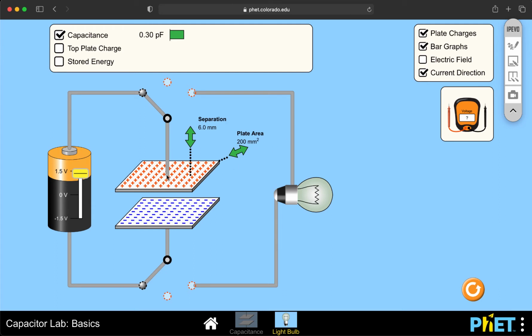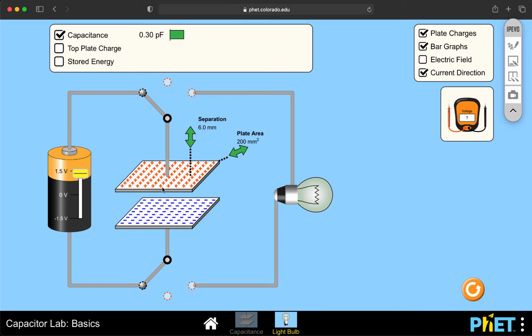Now for this simulation, this process happened extremely fast. And this is true if you make such a circuit where you have a battery, a wire, and another wire, and you connect the battery directly to the capacitor. Yes, the capacitor will be charged really fast.